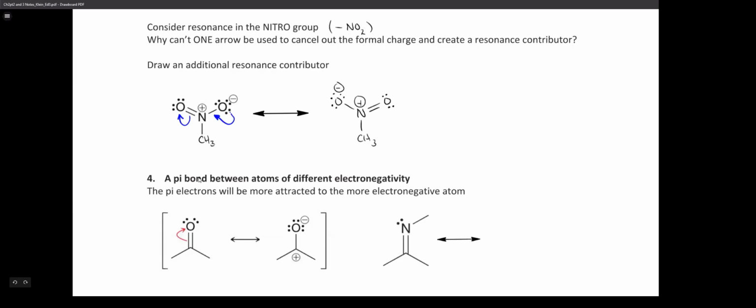So if the CH3 was connected to another CH3, so it was like a CH2 connected to CH3, would that be possible? That would not work because CH2 would still have an octet, right? If you have CH2, all you're changing is one of the hydrogens to a carbon, so it still has an octet. Okay.